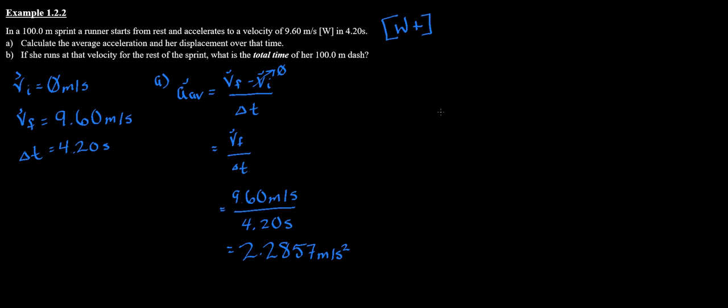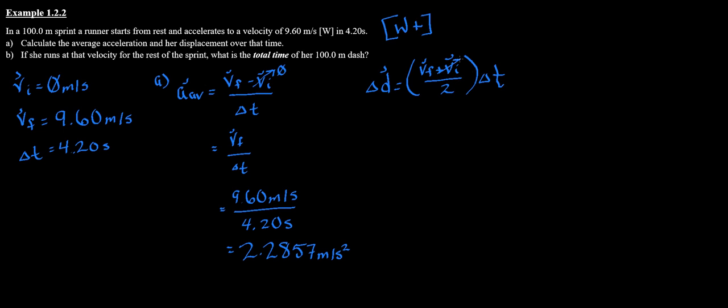So our kinematics equation that involves all of those says that the displacement of an object is equal to the final velocity, subtract the initial velocity, divided by 2, all multiplied by time. And excuse me, I made a mistake. It's final velocity plus initial velocity divided by 2. Sorry, so the displacement is equal to the final velocity plus the initial velocity divided by 2 times that change in time.